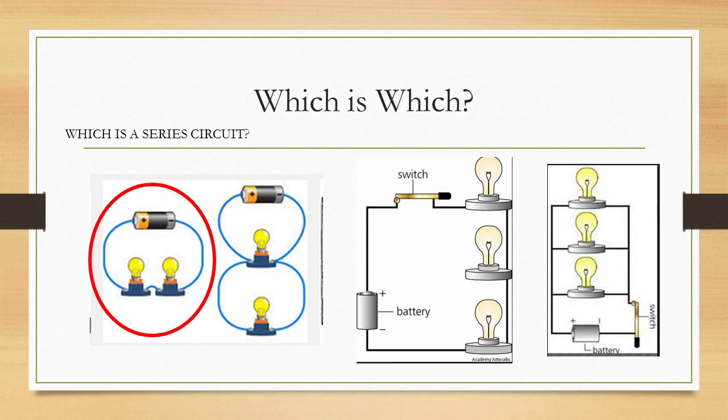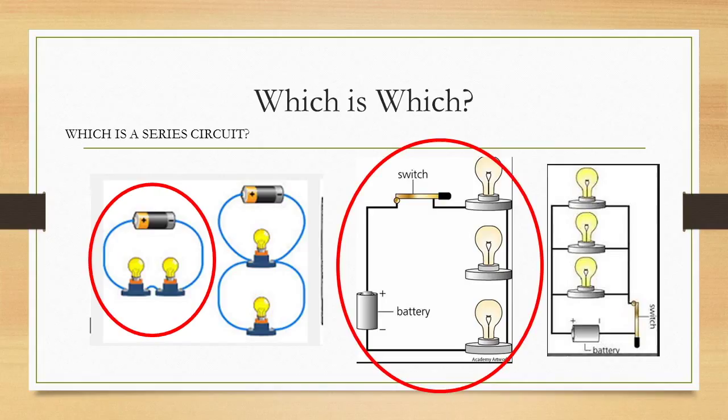And what about this picture? So the answer is again this one, because even though there's a switch and more light bulbs, it is still a series circuit with one fluid motion around the entire circuit.